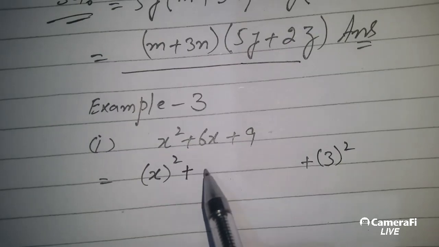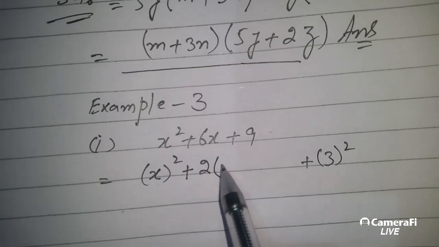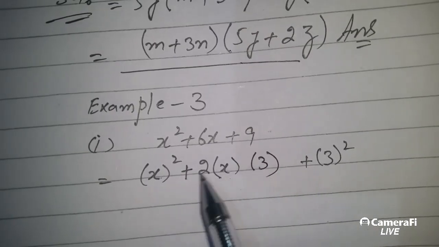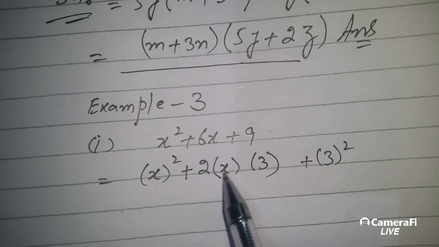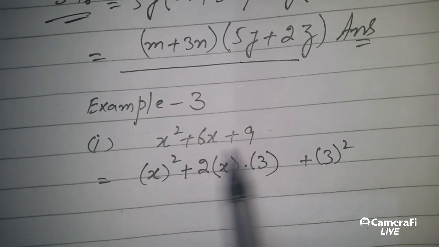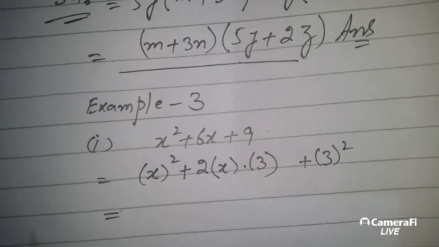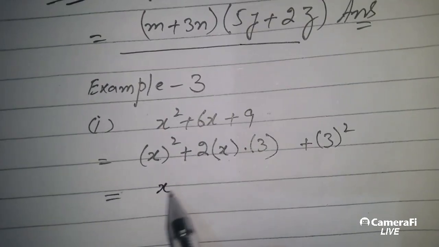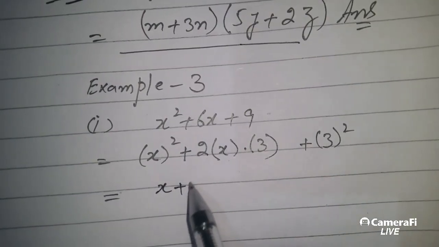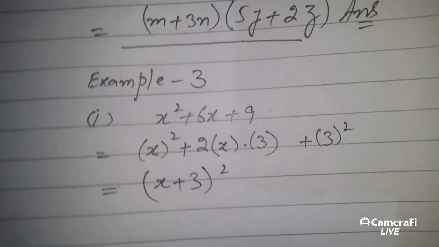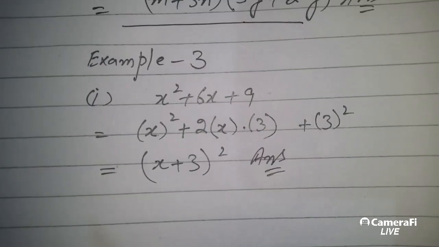So we can apply the formula, taking the first term from here and the second term from here. 2 3s are 6x. So this whole expression is basically the formula of x plus 3 whole square. You can resort to factorization as well.